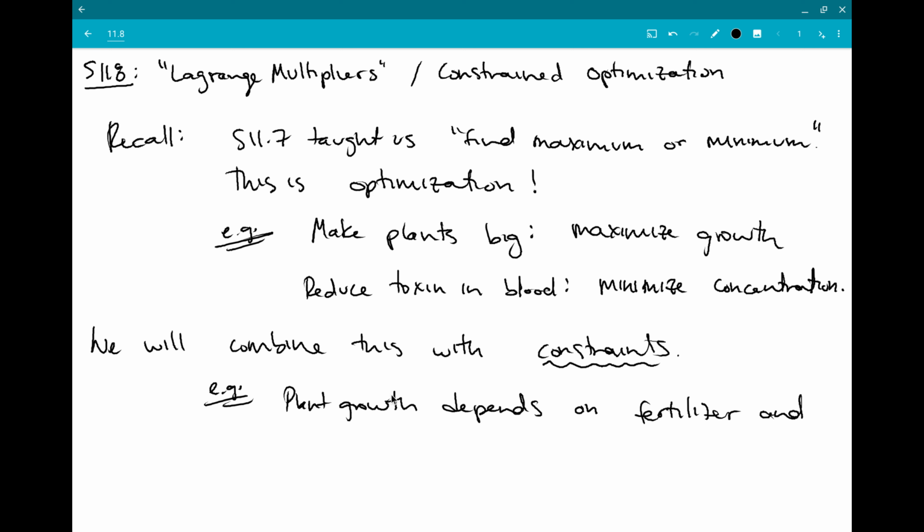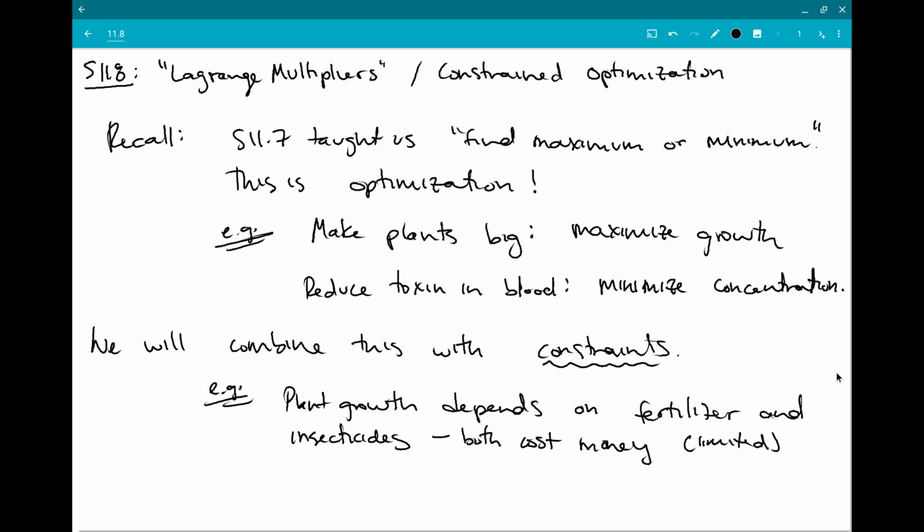And I'll spray insecticides to kill off pests or to promote growth. Both cost money, and I am not made of money. And so a constraint for me would be, okay, I have $50 to spend on my large collection of plants. And so I can fertilize them, I can spray for bugs, and I want to get the most possible growth out of it with my $50.